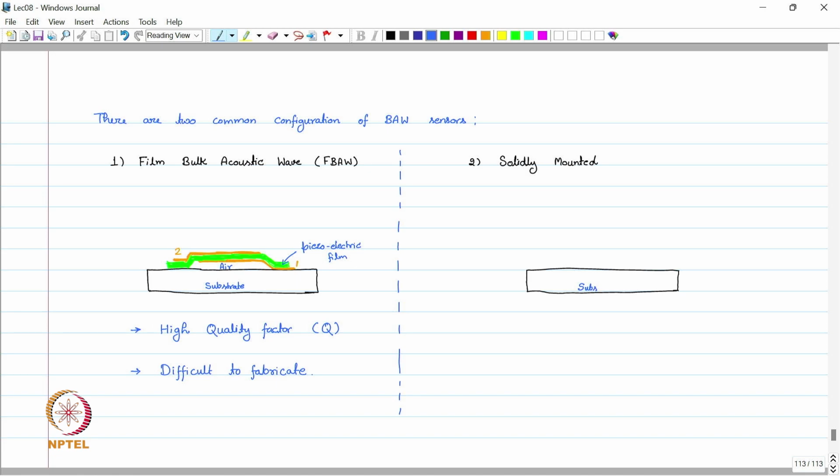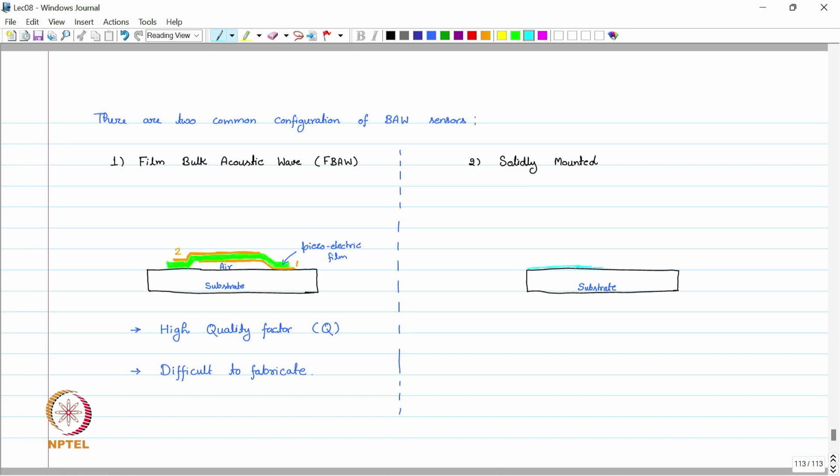So generally we don't put the piezoelectric material directly on the substrate, we put certain layers which act like a reflector to the mechanical energy, so that not much of the energy goes to the substrate as a waste. So we put different metal layers as a reflector.